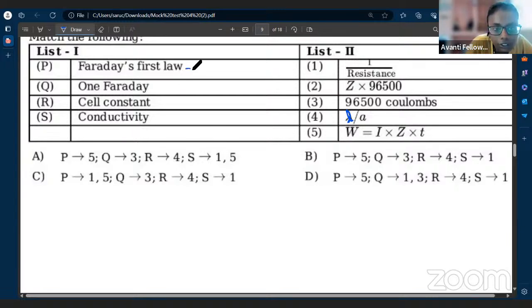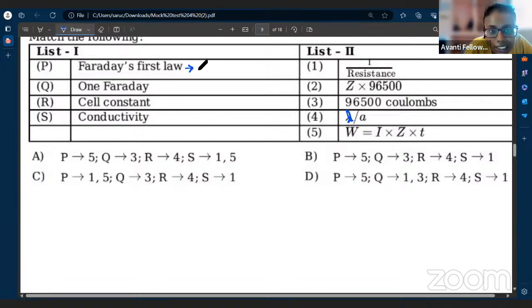What is Faraday's first law? The mass is directly proportional to the charge. The amount of charge you pass determines how much mass gets liberated. So what is the equation?